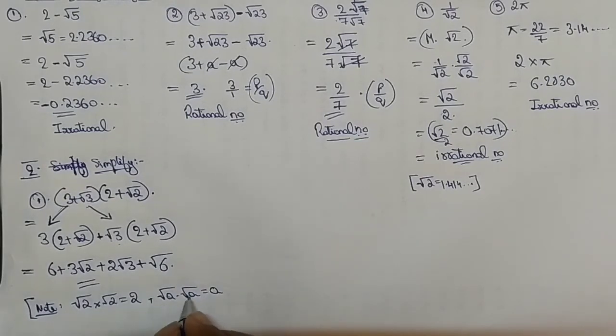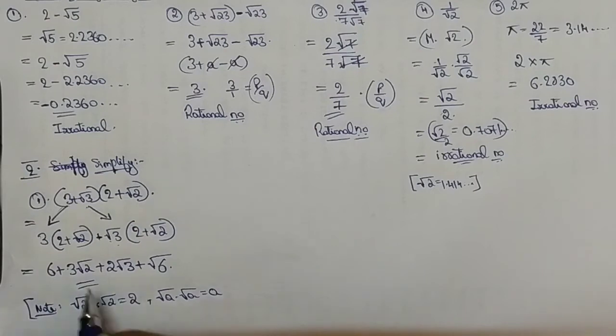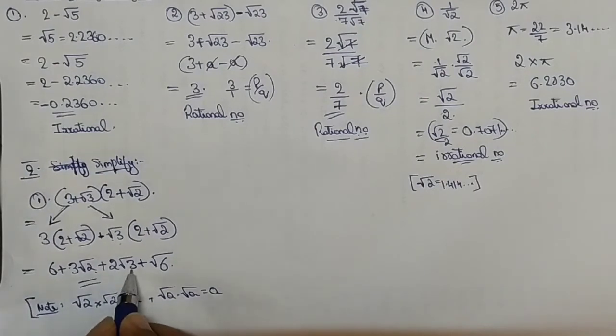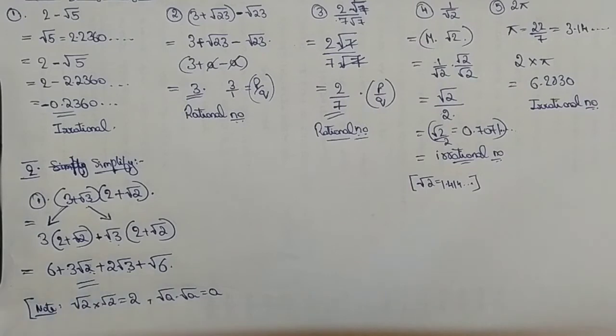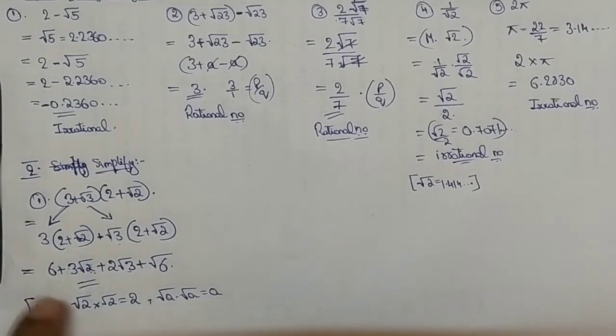Why? Because root of a square, square and square root get canceled and give you a. And if the two terms are the same, like if this is root 3 and this is also root 3, this is different. If both are the same, then you can add those things, or else you cannot. This is our first question.